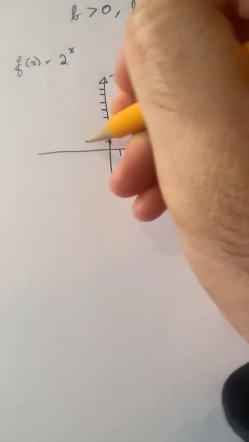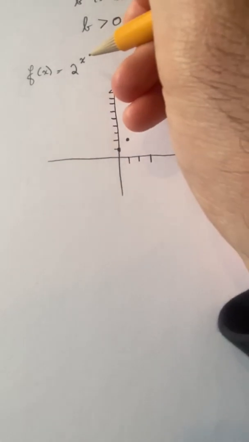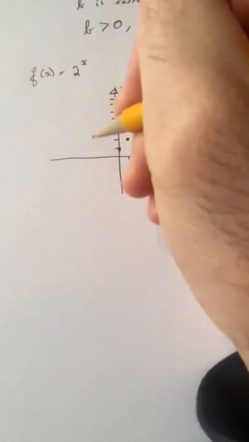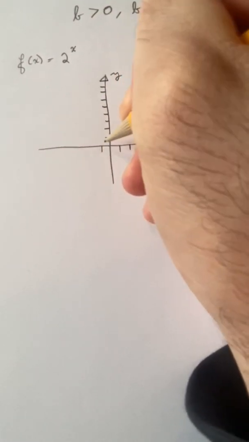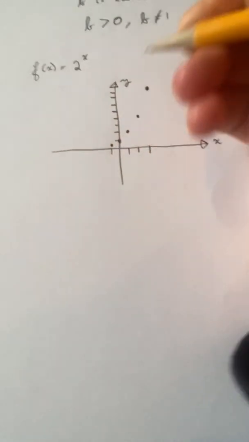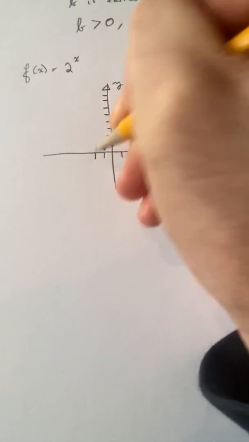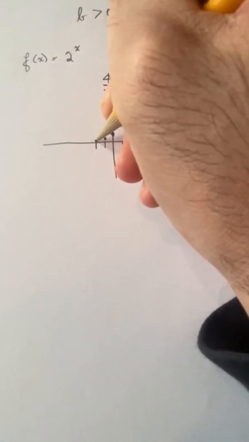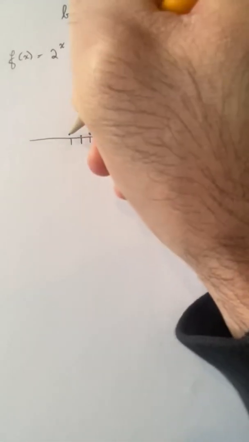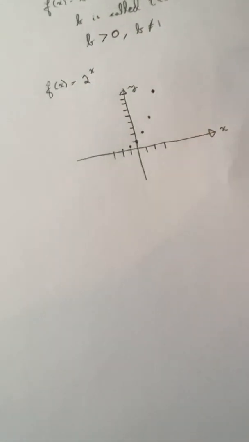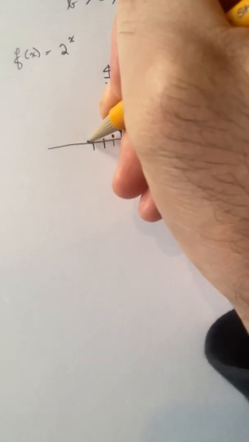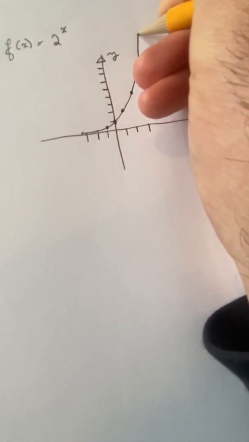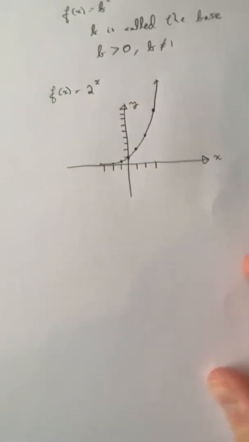Then we might be wondering what happens if you go left on the x-axis. So let's say it's -1. Remember, 2 to the -1 is the same as 1 over 2 to the 1, or 1/2. Then maybe we'd try -2, so 1 over 2 squared, or 1/4. As we go back, 1/8, and so on. So the overall shape of this is something kind of like that.